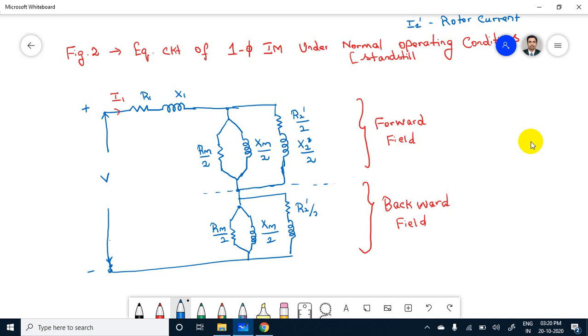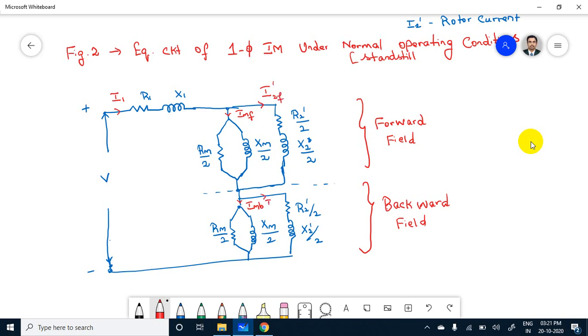R2 dash by 2, X2 dash by 2, and the current flowing here is the magnetizing current Im F, and here it is Im B, and the current flowing in the rotor is the rotor current I2 dash, it is forward.